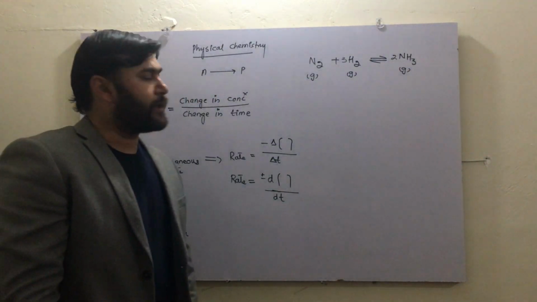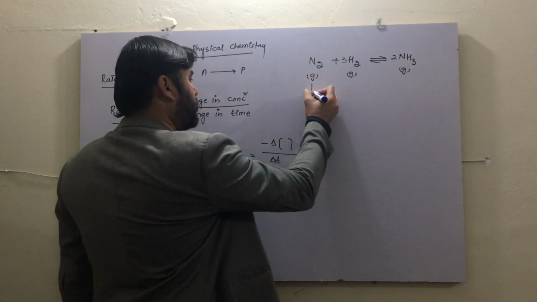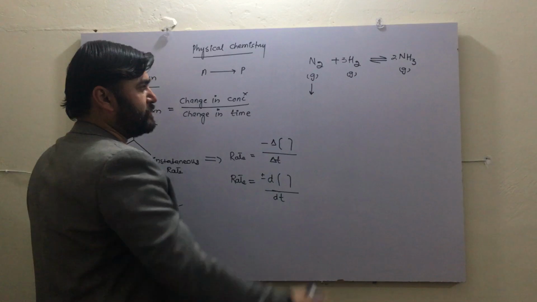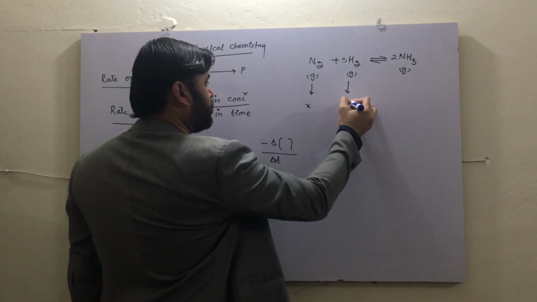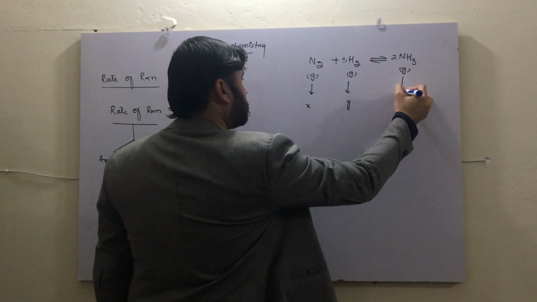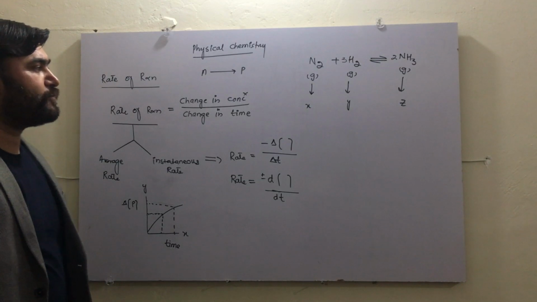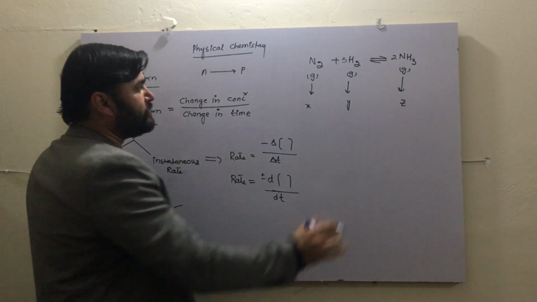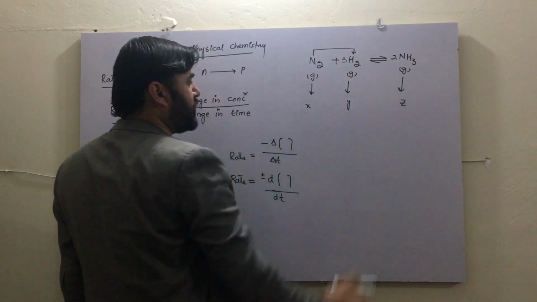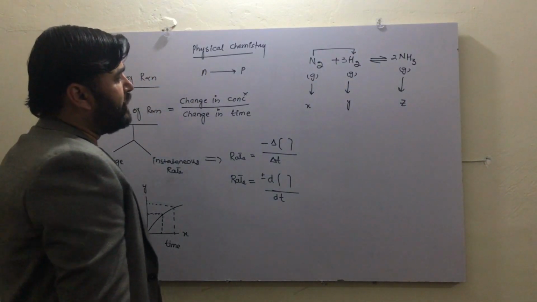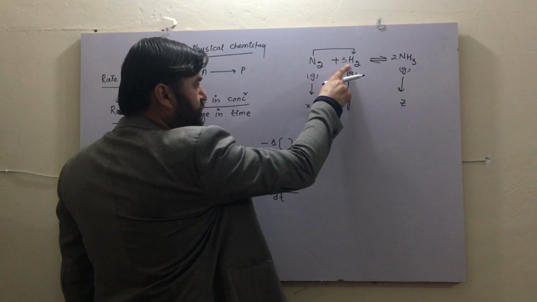Suppose the amount of substance disappeared in this reaction is X for nitrogen, and Y for hydrogen, and the product is Z. If we want to compare ammonia with hydrogen, see here, nitrogen is 1 and hydrogen is 3.